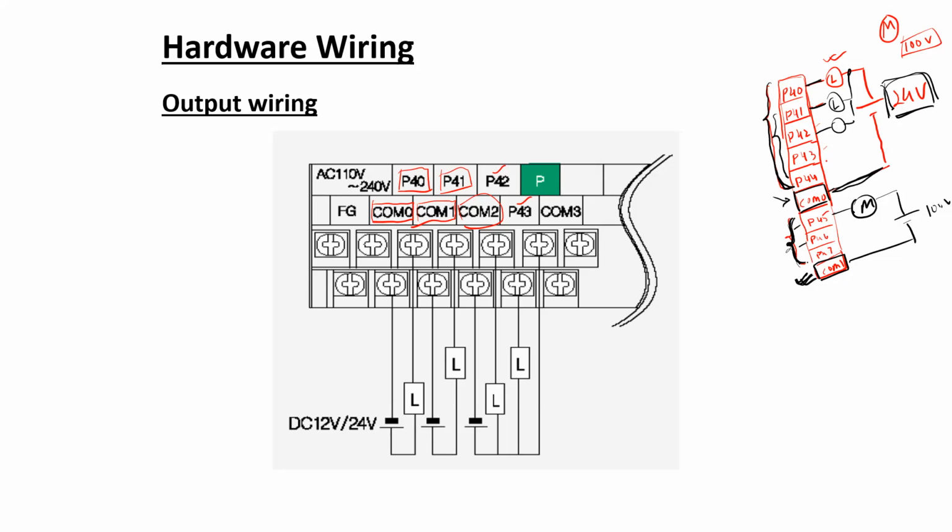So any one of these 3 ports you can use to operate another load which requires a higher operating voltage, and you can complete the connection with their respective common terminal. So in this way, at the output side, having multiple common terminals designated to separate output ports will allow you to operate multiple devices at different operating potentials or operating voltages.